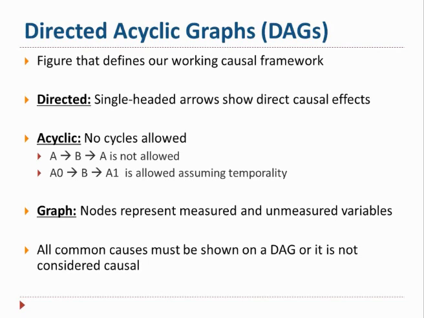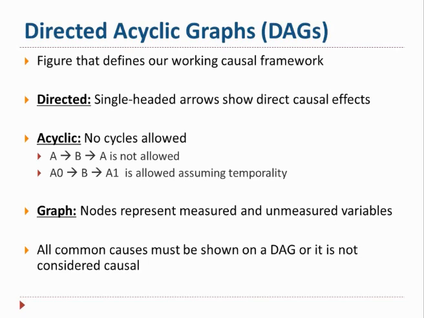No cycles are allowed. So you can't have A cause B and then B cause A again. You can't show temporality that way. If you want to look at temporality in a DAG, then you have to specify the time. So you can say A at time 0 affects B, which then affects A at time 1. You can think of BMI throughout life.